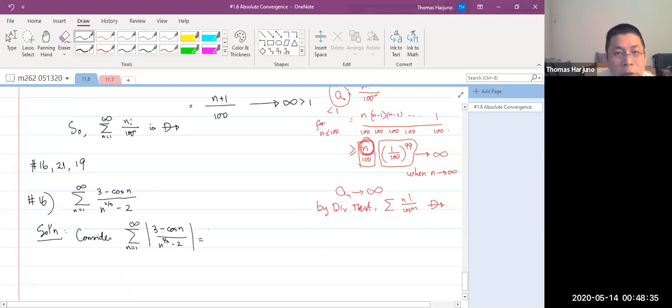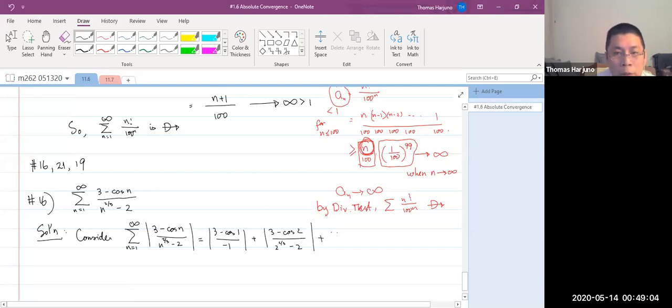I want to say that this is equal to the first term, 3 minus cosine 1 over negative 1, plus the second term, 3 minus cosine 2 over 2 to the power of 2/3 minus 2. Plus, I think the third terms we are okay, since 3 to the 2/3 is greater than 2.